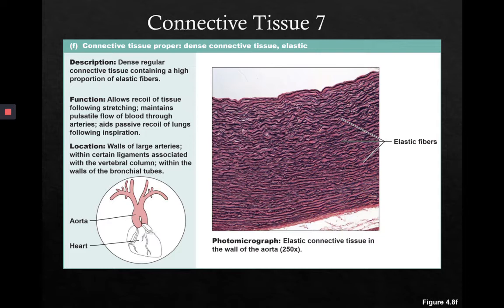And it's for this reason that these tissues or areas have elastic tissue, that they're able to stretch and then recoil. The passive stretch and recoil of the lungs for inspiration or breathing in is possible because the lungs contain elastic tissue. So stretch and recoil, major function of this type of tissue.